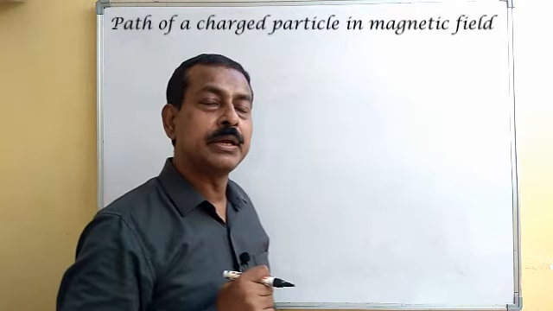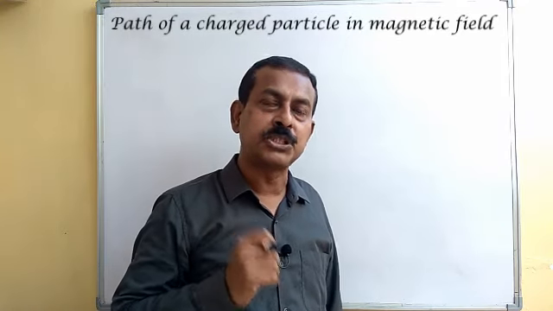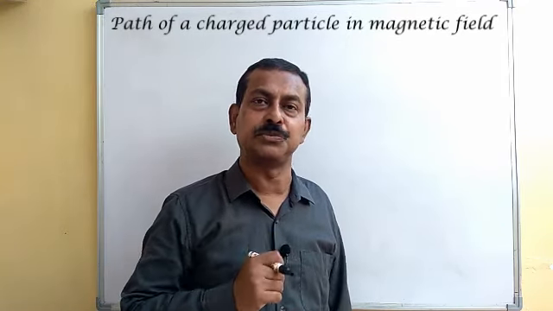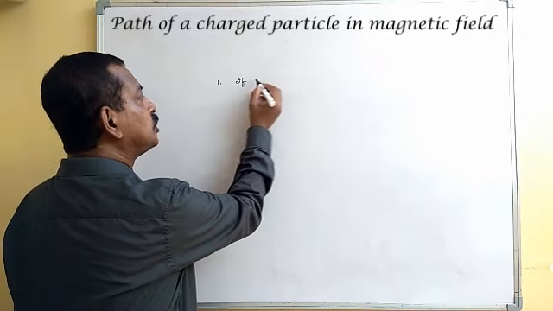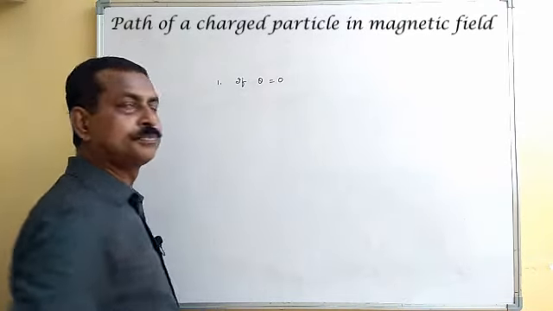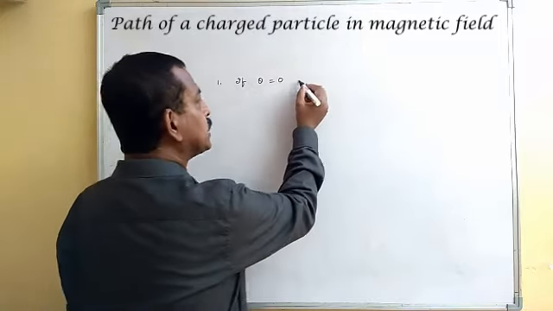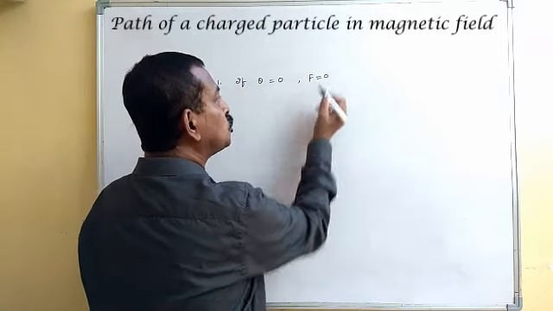Let's now take the nature of the path of the charged particle in a magnetic field. What type of path will the charged particle follow? First case, if theta is 0, the force will be 0.